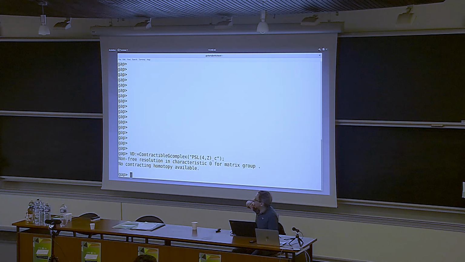Going back to Renaud's talk, he talked of Voronoi domains constructed from perfect forms. So I have a question for the experts, the non-student experts in the audience. If you take a PSL4Z acting on the symmetric matrices, what dimension would you expect the Voronoi domain to be? From Renaud's talk, you act on symmetric 4x4 matrices.